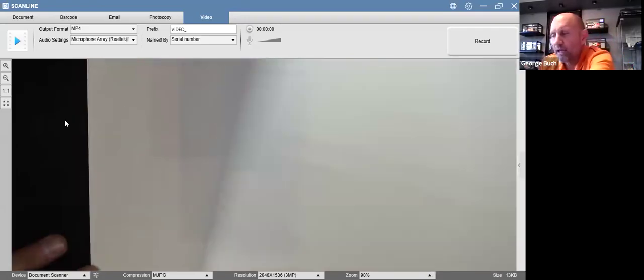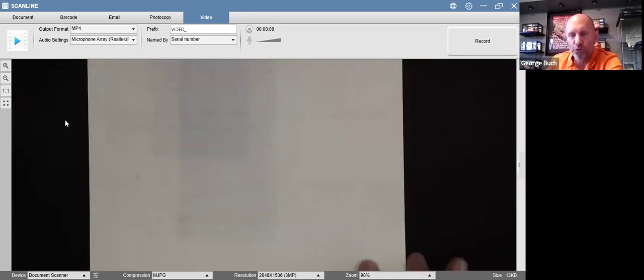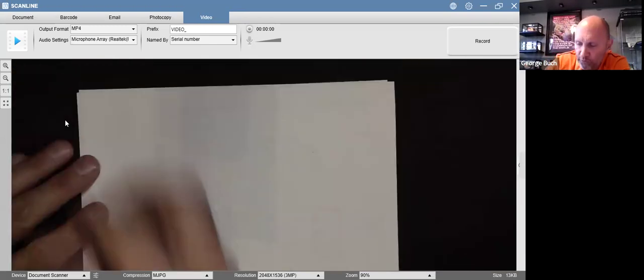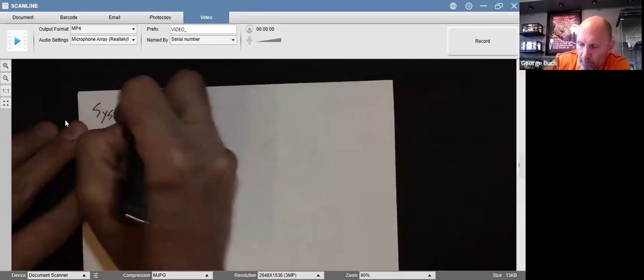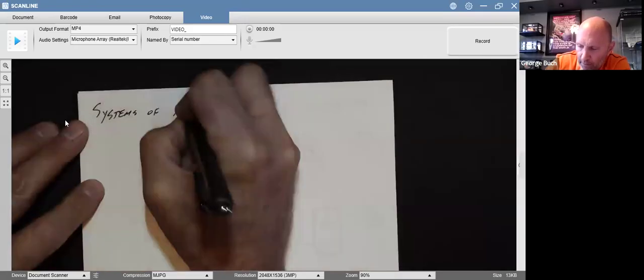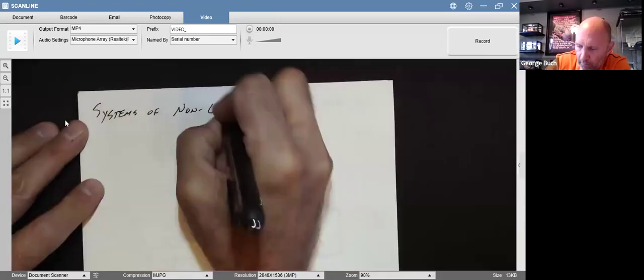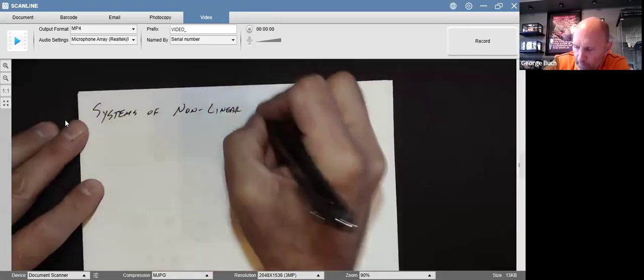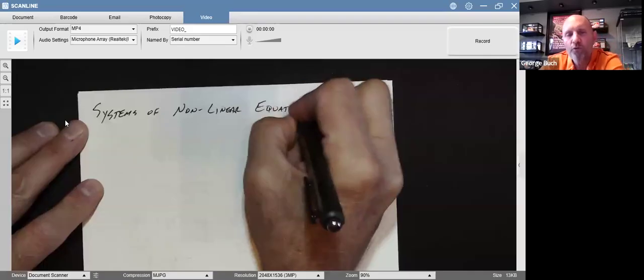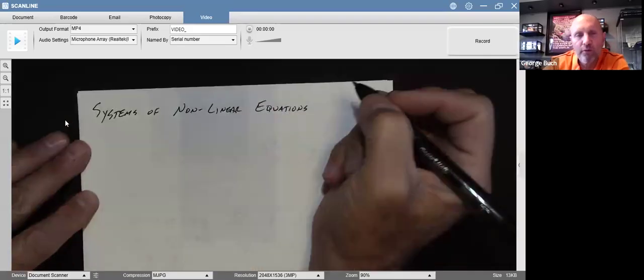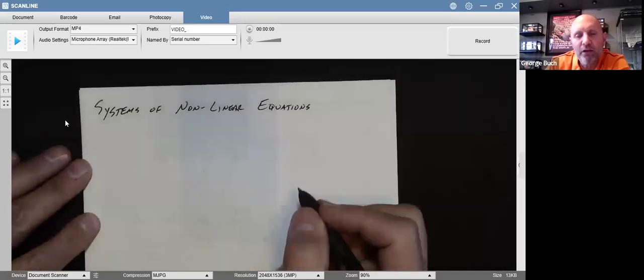Now, all of that same information holds true for systems of non-linear equations. So we know from things we've been doing already this class, nonlinear means what?